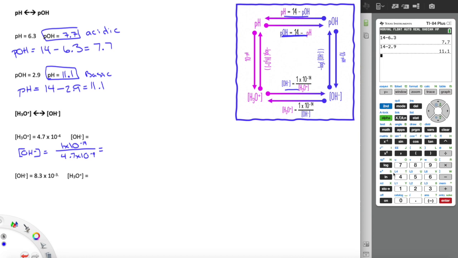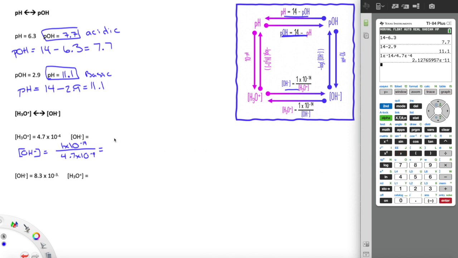So in this case, I'm going to hit 1, second E, and then negative 14, and then divided by 4.7, E, negative 4, enter.